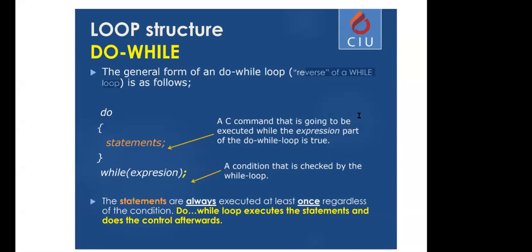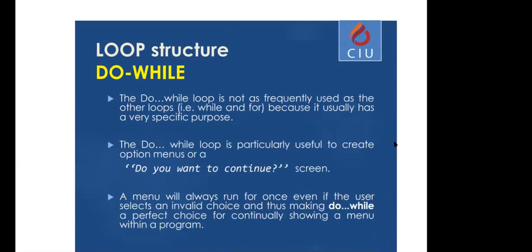So in those kind of circumstances where the user interaction or whatever the decision will be has nothing to do with the options you offered, you will still display them. In those kind of situations, do while is very useful. It has a specific use when you want to create a screen to show a menu, or ask if you want to continue.